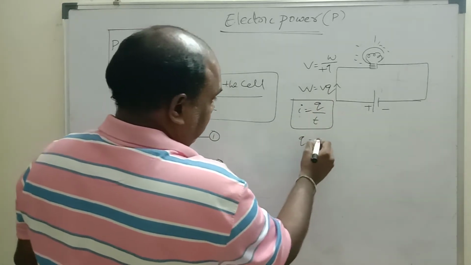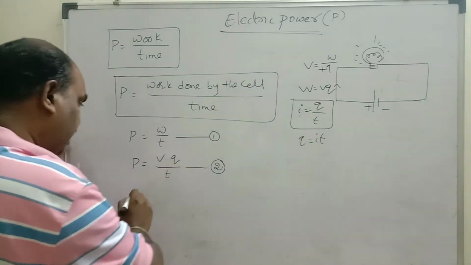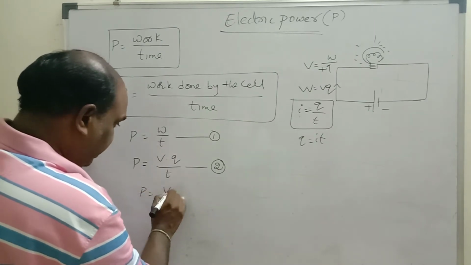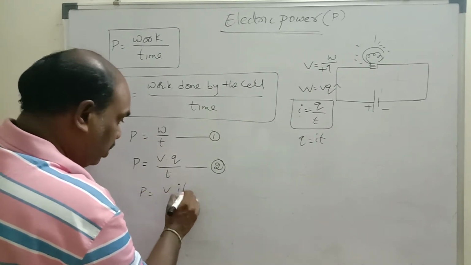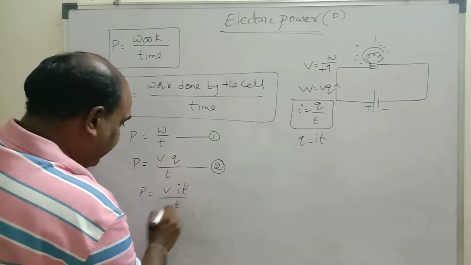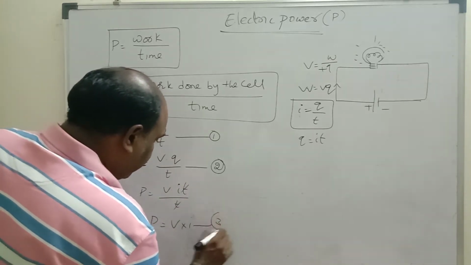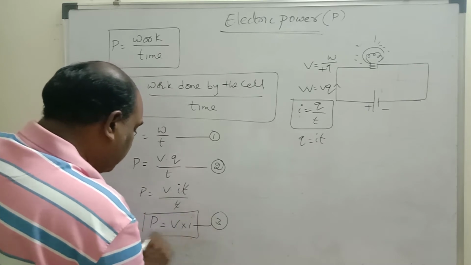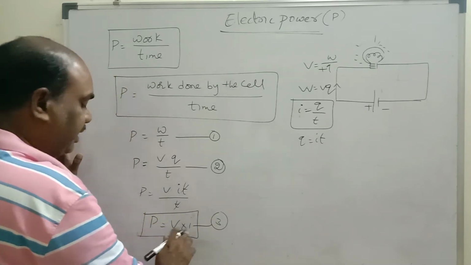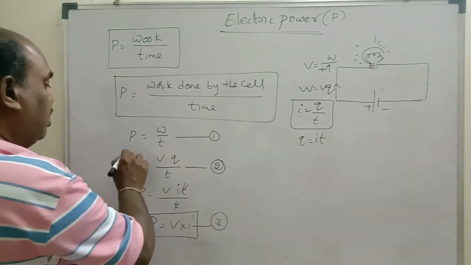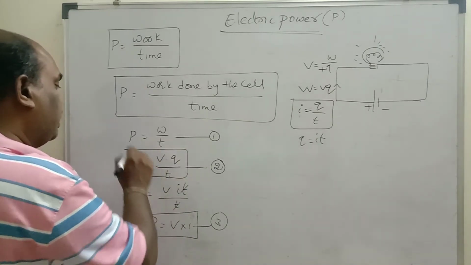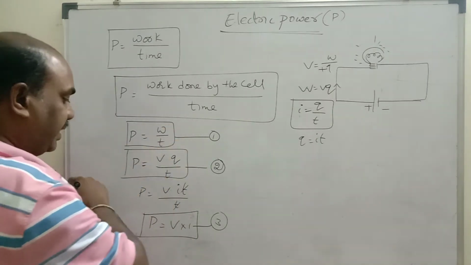From this, charge is equal to IT. Substitute here. P is equal to V into I into T by T. T cancels. P is equal to V into I. Very important formula. Power is equal to potential difference into current.